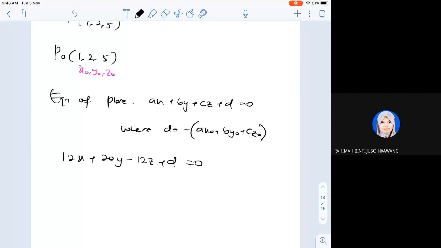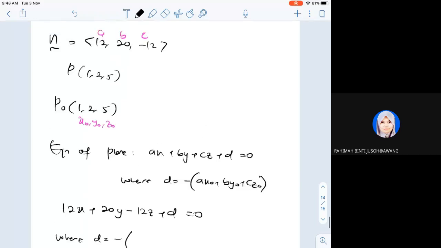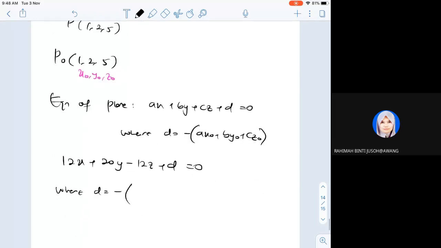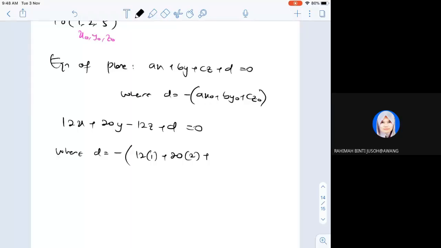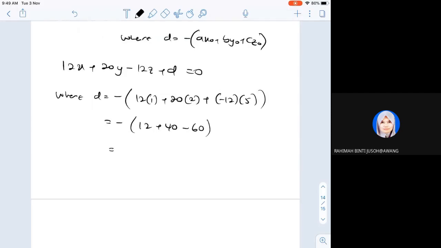So, just calculate your D, where D equals to negative of AX naught. A 12 kali 1 tambah B is 20 times 2 tambah C negative 12 times 5. So we have negative 12 plus 40 minus 60. Negatif 20 tambah 12, negatif 8, jadi positif 8.